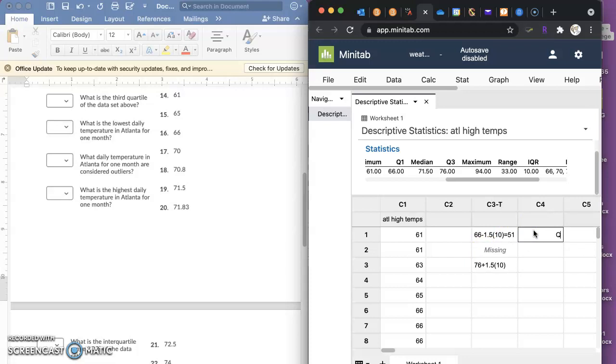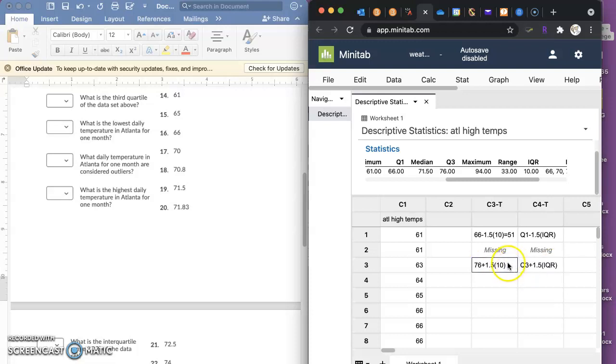So that was quartile 1. You want to see if anything is 1.5 times below the IQR. And for the upper one, it's going to be quartile 3, and you check if anything is more than 1.5 times the interquartile range above it.